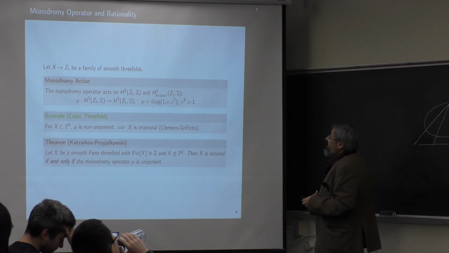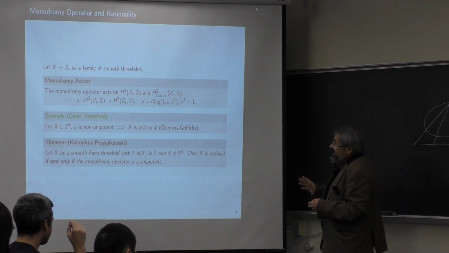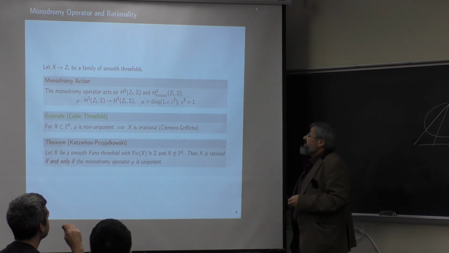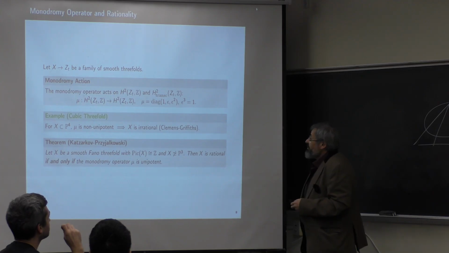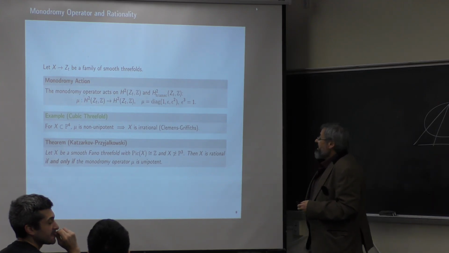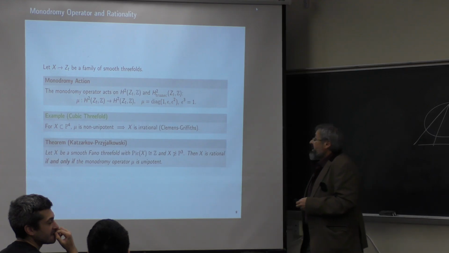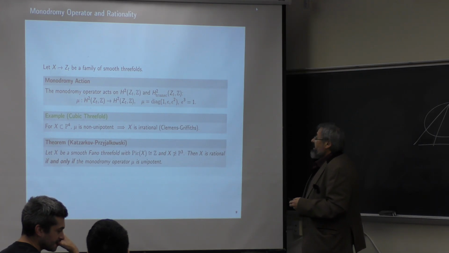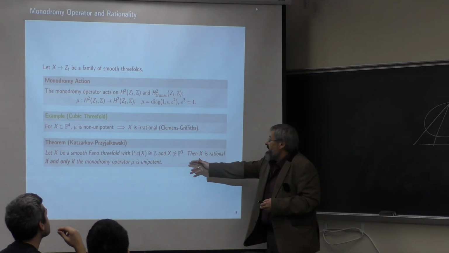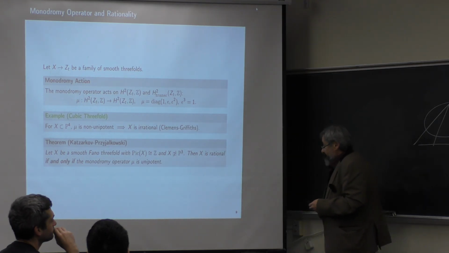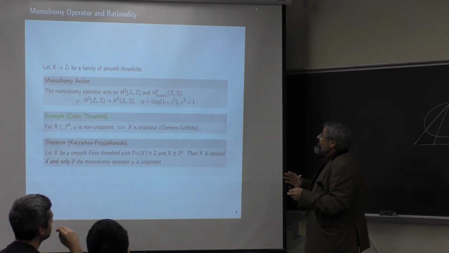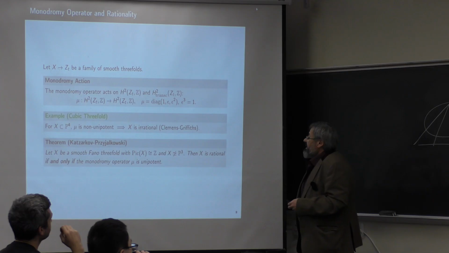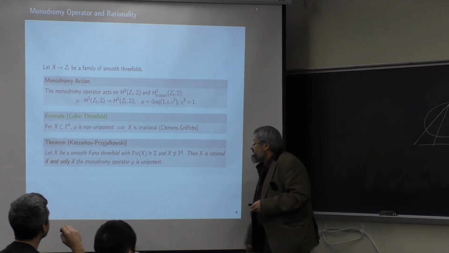So now, if you study all the A side Landau-Ginzburg models of three-dimensional Fano varieties, let's say with Picard rank equal to Z, you will notice that they are rational if and only if the monodromy operator of this very singular fiber, which is always only 1 in the case of three-dimensional Fanos, is strictly unipotent.